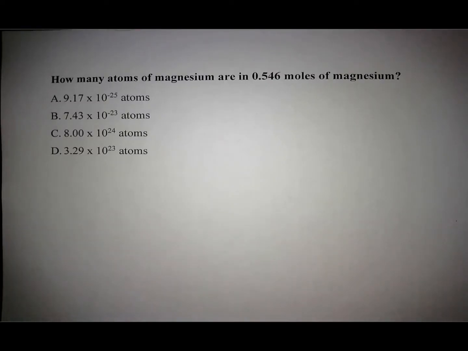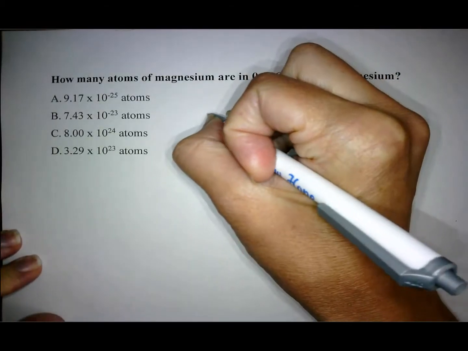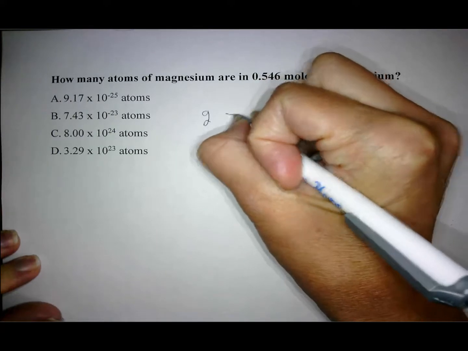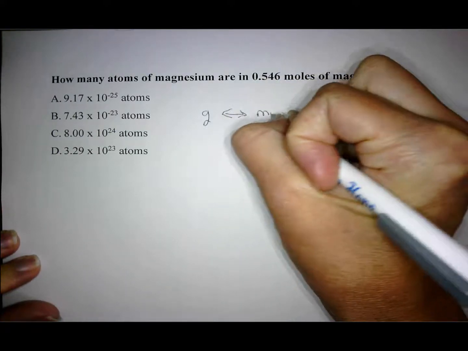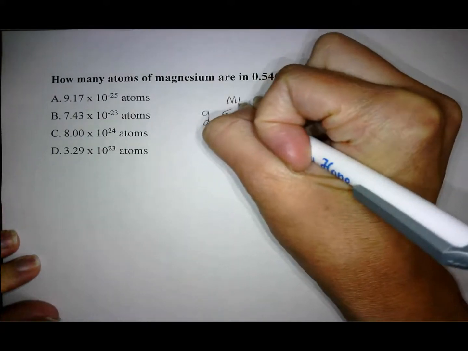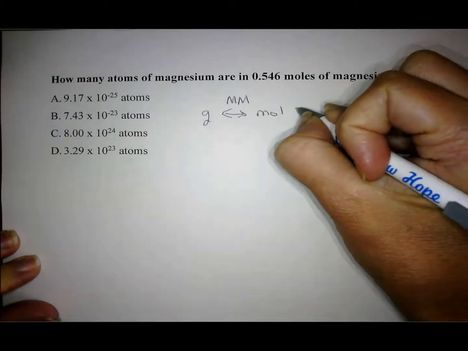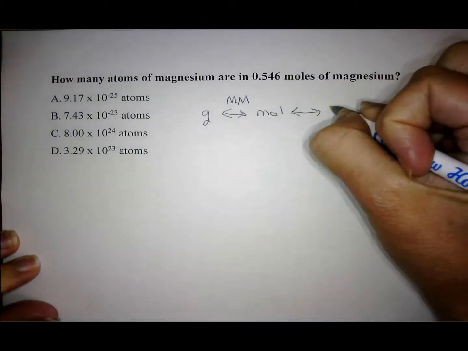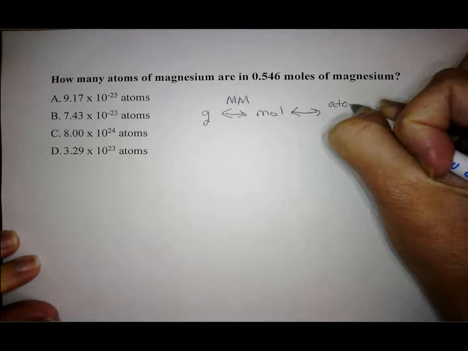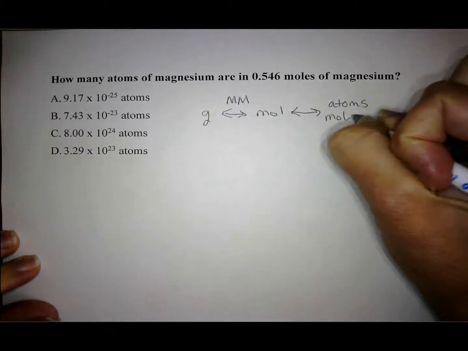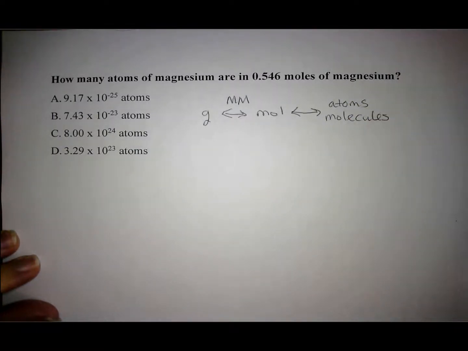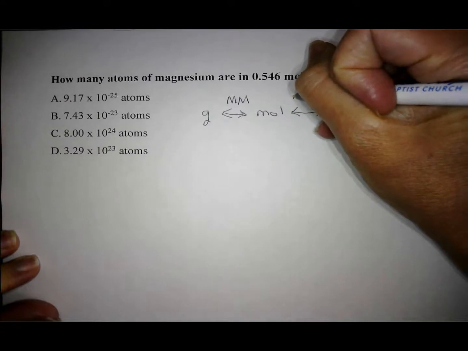To do this problem, we need to make sure we're doing the right conversion. We know that we can go between grams and moles using the molar mass, and we can go between moles and atoms or molecules using Avogadro's number.